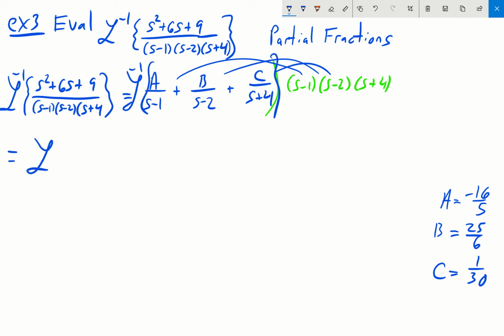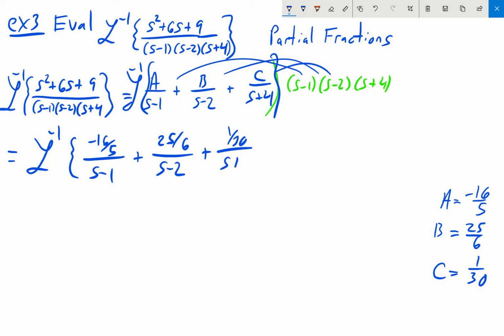So this is going to be the inverse Laplace of a, we said was negative 16 fifths over s minus 1, plus b was 25 sixths over s minus 2, plus c, which is 1 over 30 times s plus 4.